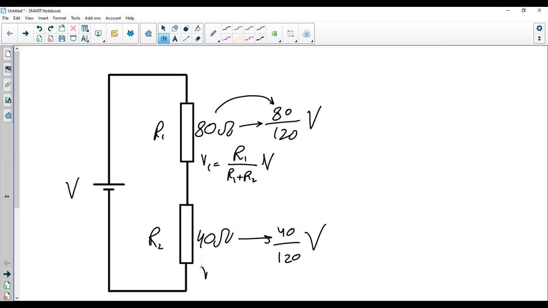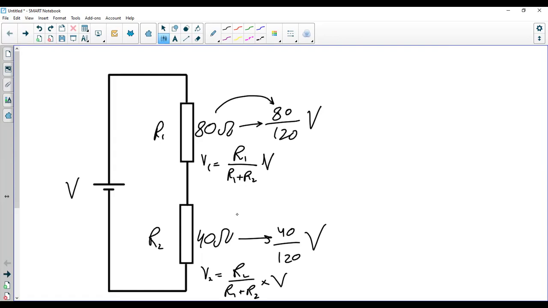Same goes for the bottom one. 40 out of the total, which is R2 out of the total in this case. So V2 is R2 out of the total, which is R1 plus R2, into V. Got it? So this is the ratio proportion method. Is it clear?